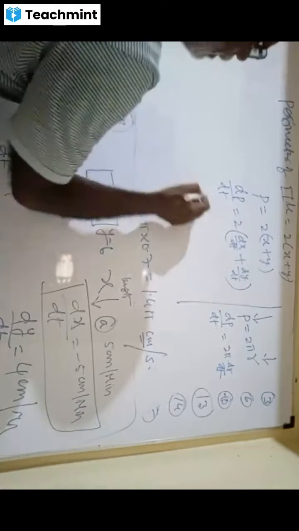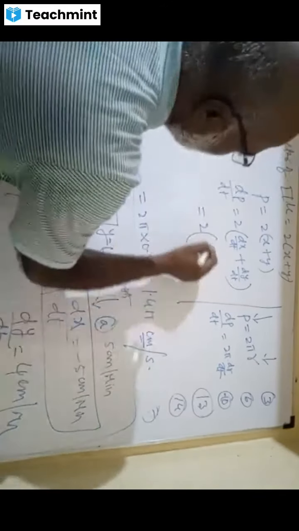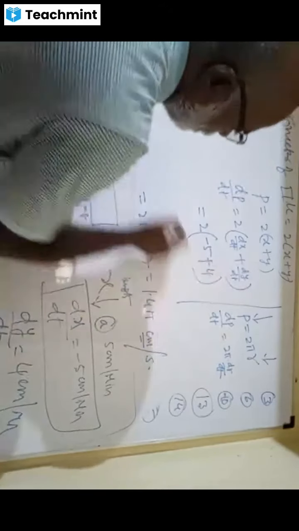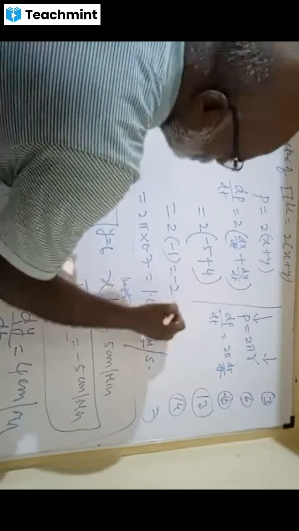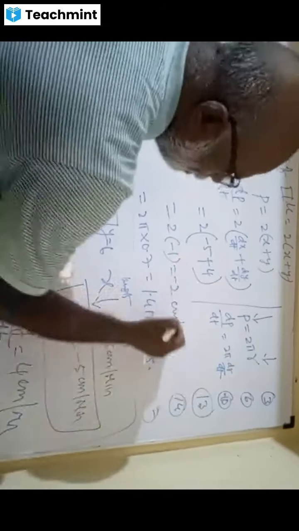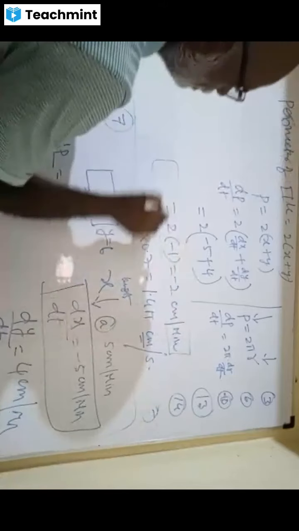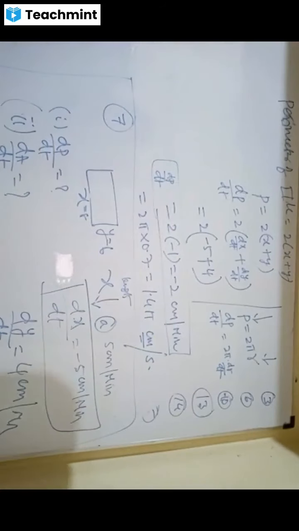Simple. So 2 into what is dx by dt? Minus 5. What is dy by dt? 4. 2 into minus 1, that is minus 2 centimeter per minute. This is your first question, my dear. Is it clear?